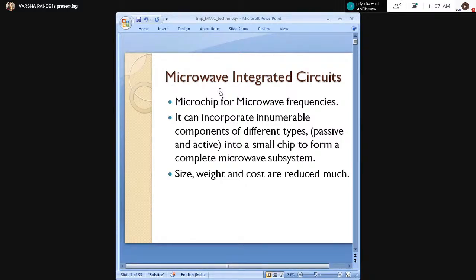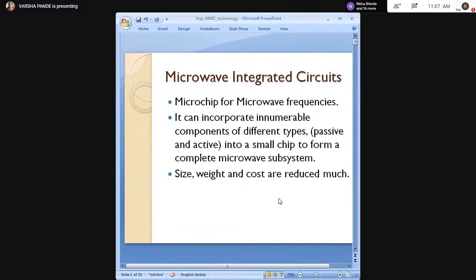Now, microwave chips are the chips used for microwave frequencies. They perform the operations required for microwave communications. If the circuits required for that are fabricated on a single monolithic IC, then that is a monolithic microwave integrated circuit.